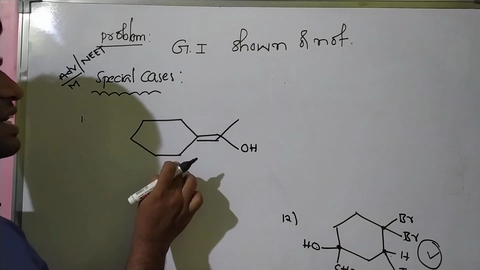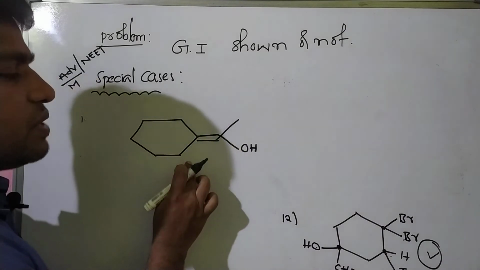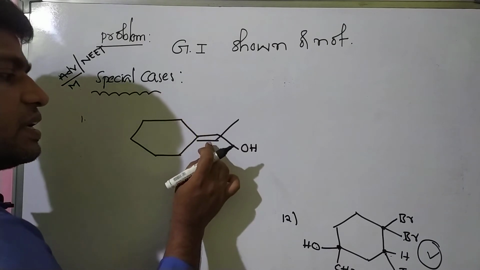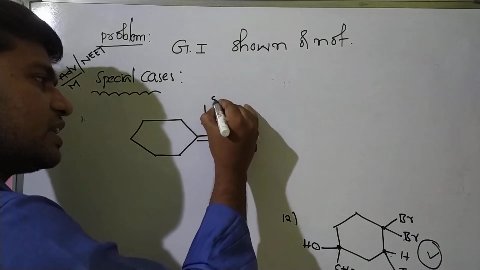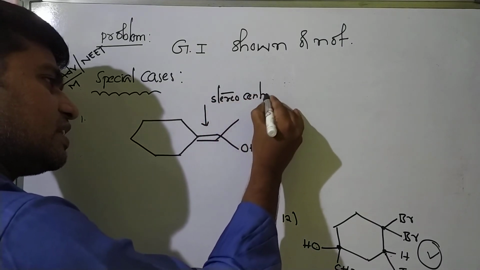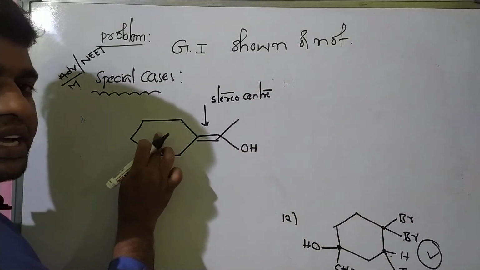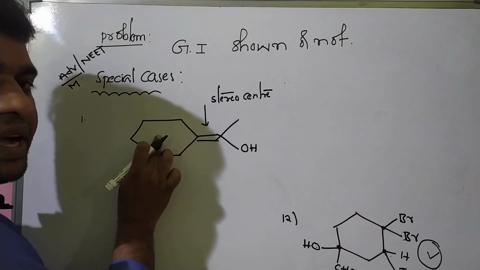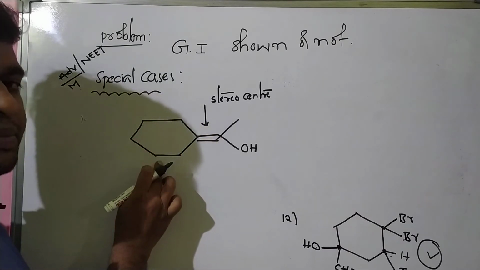Here cyclohexane has no two different groups at two different carbons. This is the stereo center. Means the cyclohexane part does not give geometrical isomerism. Why? Because it doesn't fulfill our conditions, means having no different substituents.